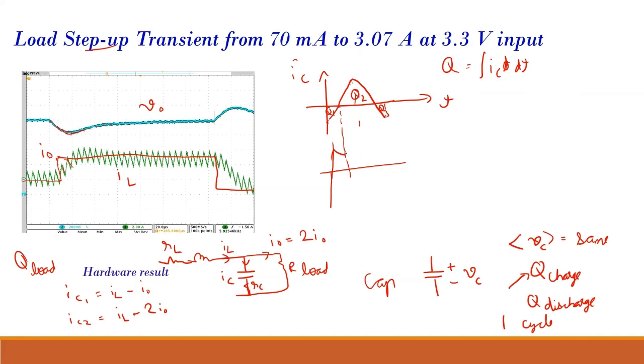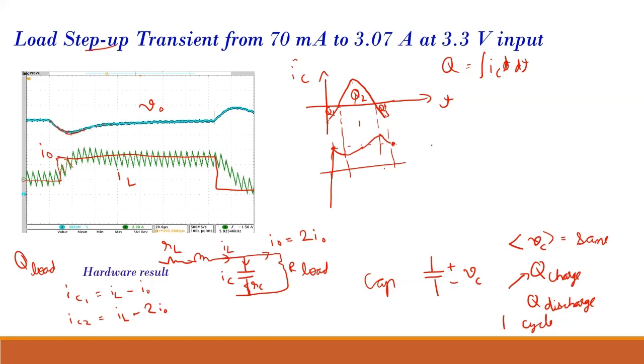Then when it becomes positive, your voltage will start rising. Then again, when it becomes negative, it will start falling. So the average value of your voltage is fixed, and the start and final values must be the same. Then we say that it is operating in steady state, at the nominal operating condition.